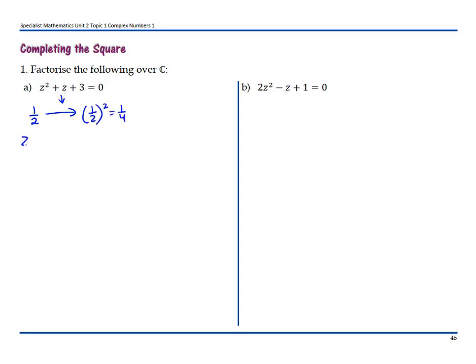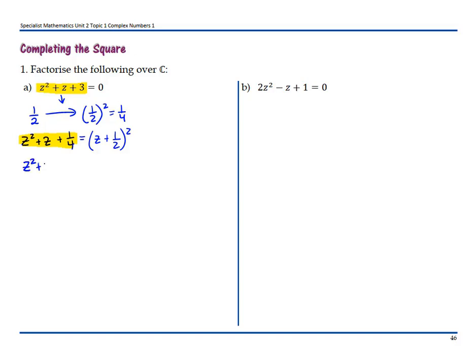That means that if I had z squared plus z plus a quarter, that would equal z plus a half, all squared. So we need to make our z squared plus z plus a quarter into z squared plus z plus 3, because that's what I'm starting with.